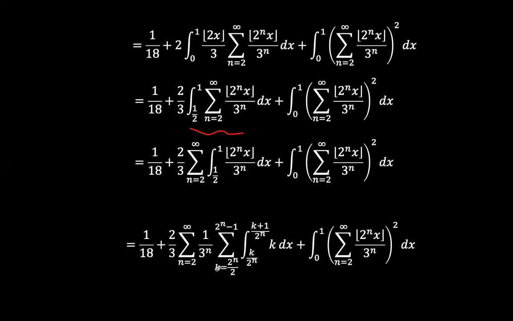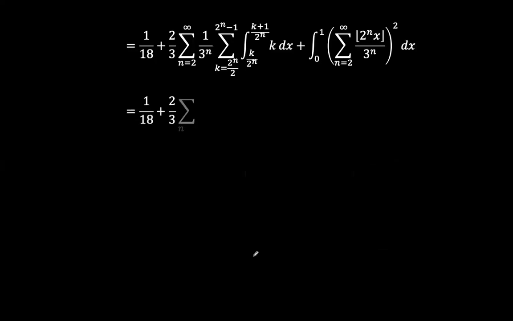So we are beginning from k equals 2 to the power n over 2 to 2 to the power n minus 1 strip. And in each strip, we have the value of the floor function as a constant of k over 3 to the power n. So integrating that means that we have the summation from n equals 2 to infinity of 1 over 3 to the power n, from k equals 2 to the power n over 2 to 2 to the power n minus 1.